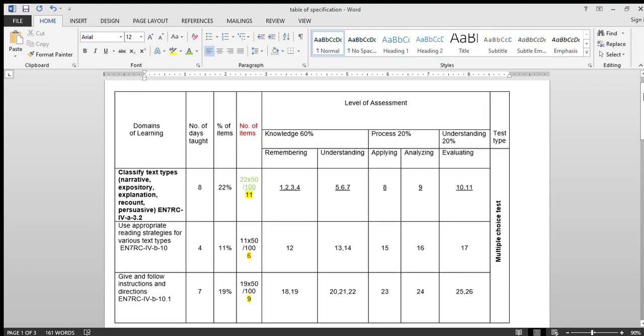Okay, I guess that is my part to explain to you how you're going to craft a table of specification. And I hope that you gain something from my report, and I hope that you understand my reporting. Thank you for listening.